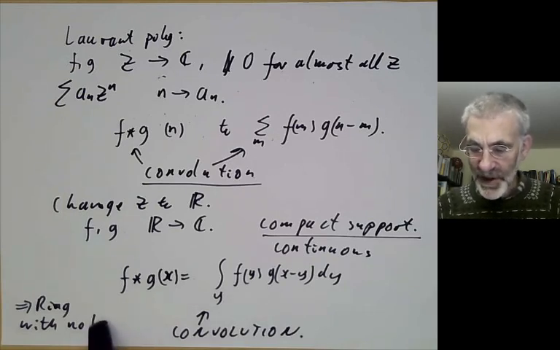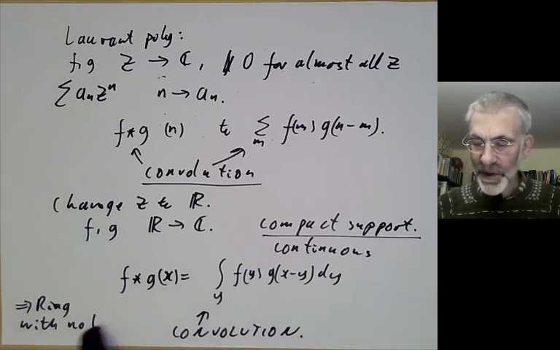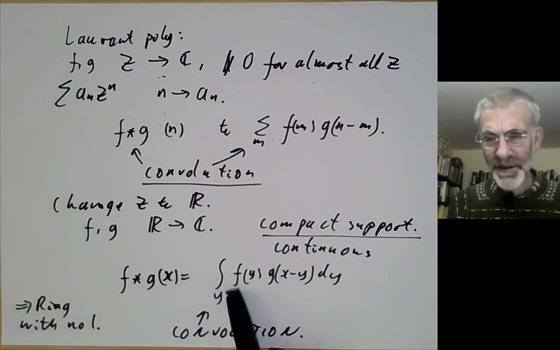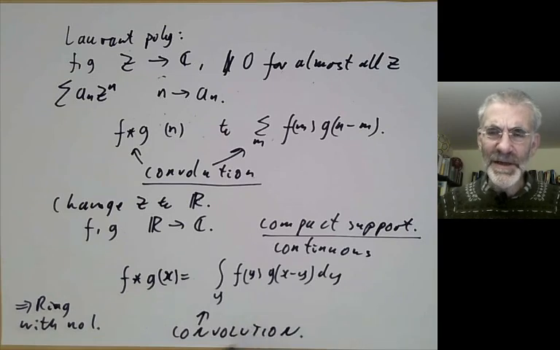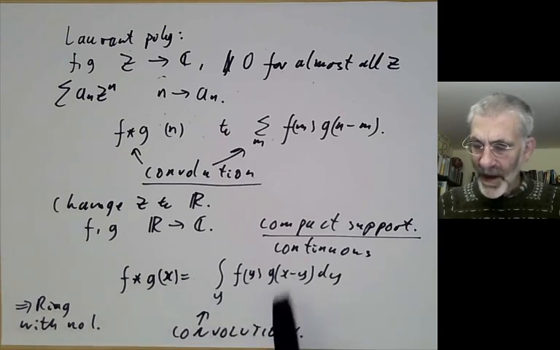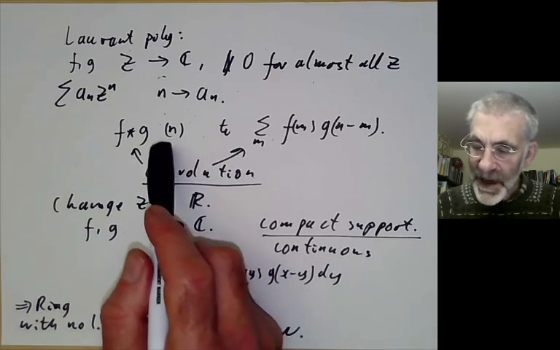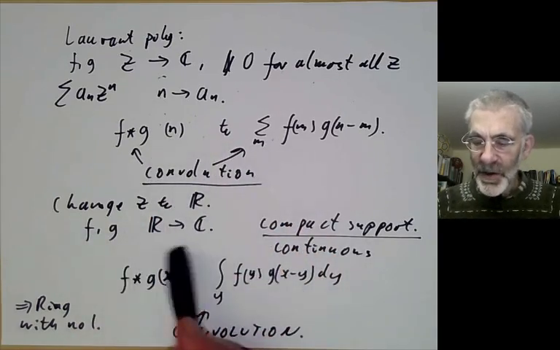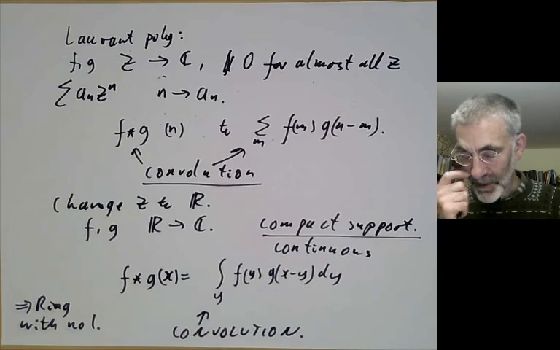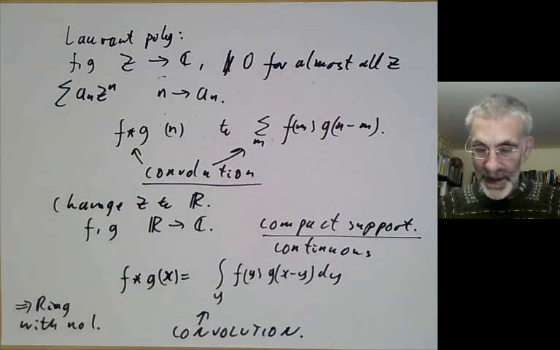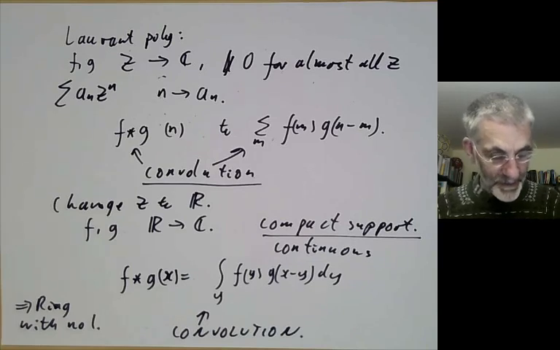So you can't actually find an identity in this ring. Of course you can mess around with things like the Dirac delta function, which has this property. Well, the delta function isn't actually a function, it's a measure. And you can define convolution of measures in the same way, and you can make suitable measures into a ring provided you add some sort of integrability condition to them.